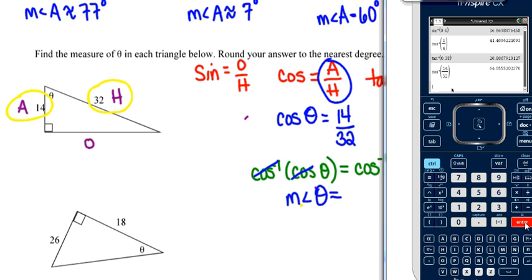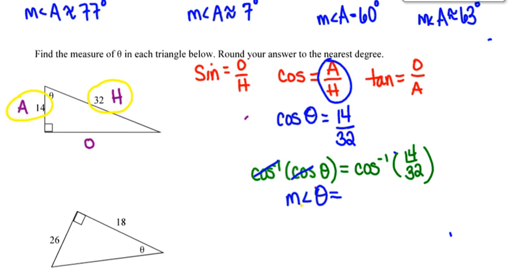And since they're asking us to round that to the nearest degree, I'm going to say that the measure of that angle theta is approximately 64 degrees. So I'm going to go back and change the equal sign and make it an approximately 64 degrees.